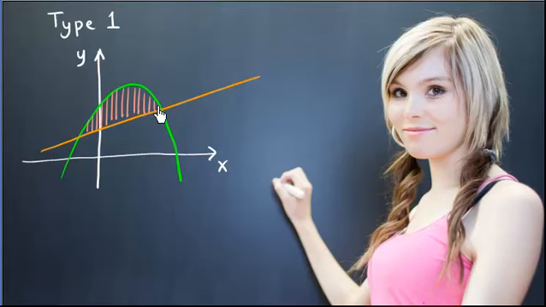The type 1 situation is the situation where the area that we are interested in is bounded above and below. So there is a definite top and bottom curve. For any point on this area, let me draw using another color. Let's say that one.